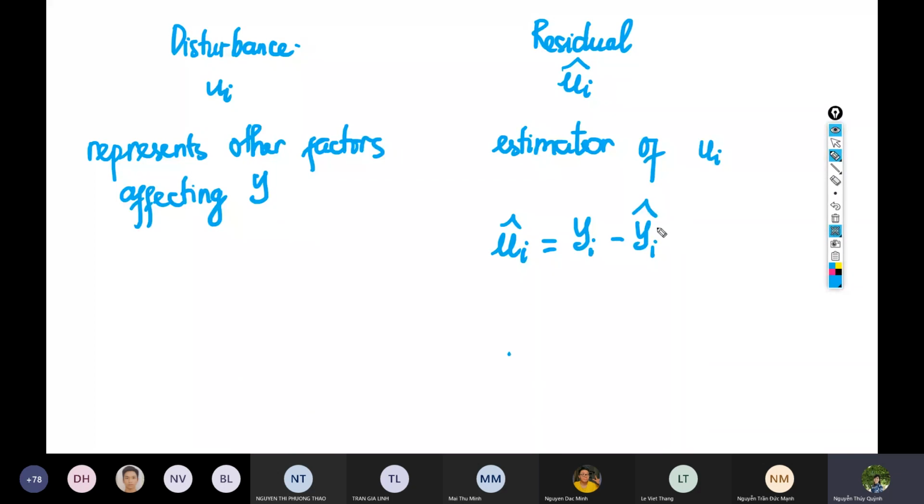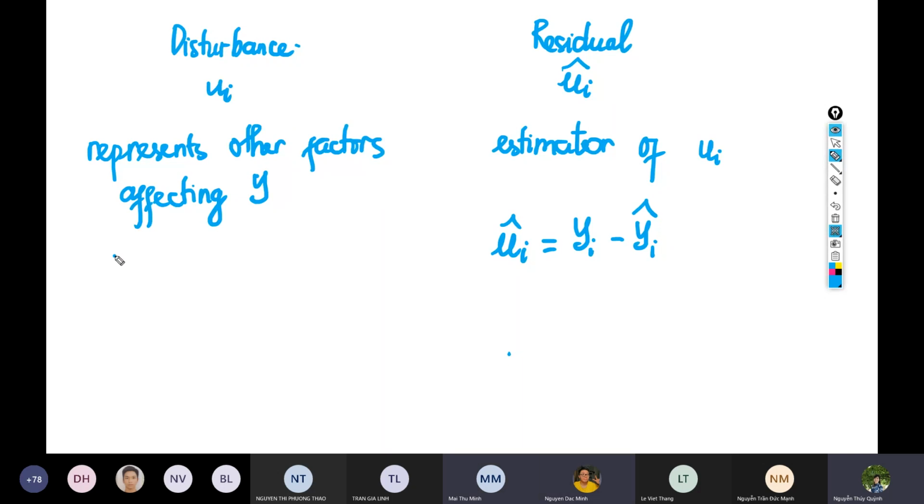When you replace the observed value of x into the sample regression function, you will get the fitted value or the estimated value of y. And u i hat, the residual, is the difference between the observed value of y and the fitted value of y. And what about the disturbance u i?